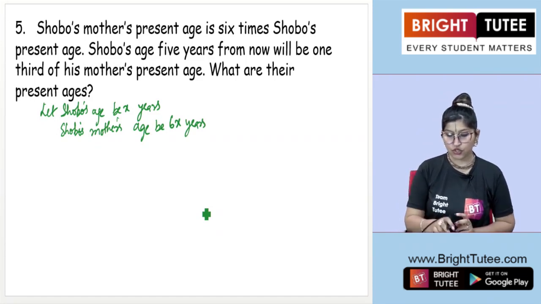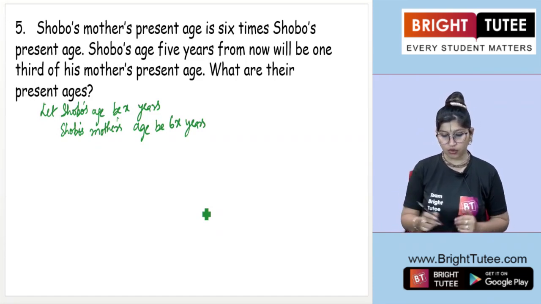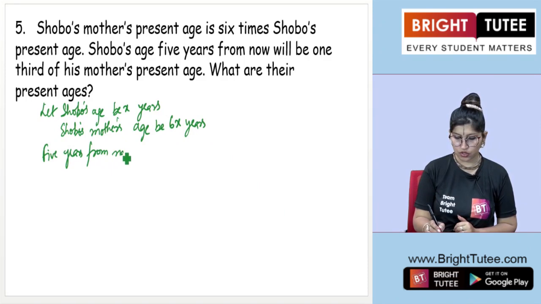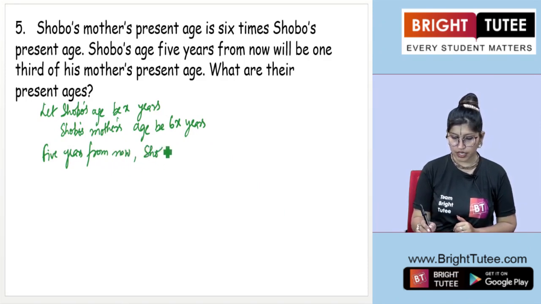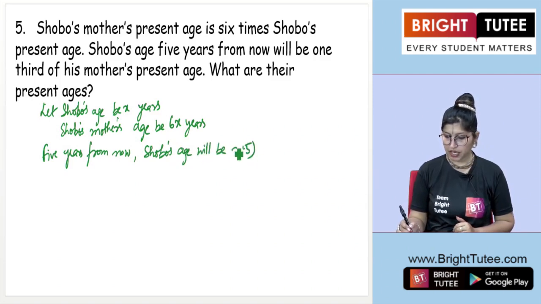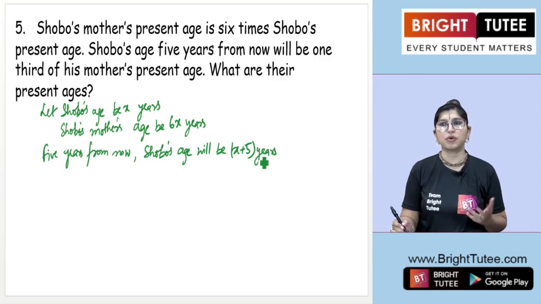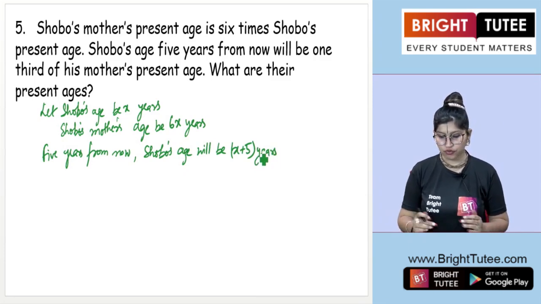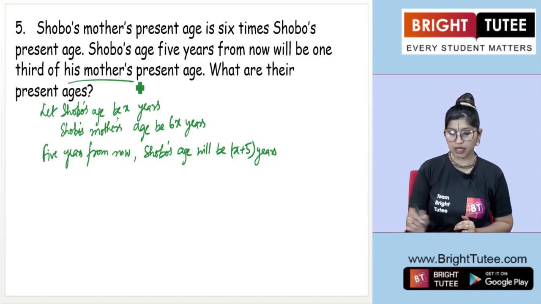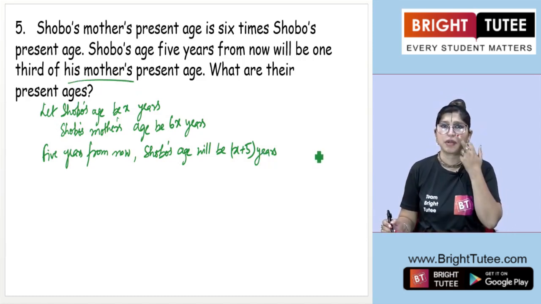Now think, Shobo's age 5 years from now. So 5 years from now, Shobo's age will be x plus 5 years. But ultimately what we used to do is, we used to find out Shobo's age, and then after finding out Shobo's age, we need to find mother's present age, which could be 6x plus 5.